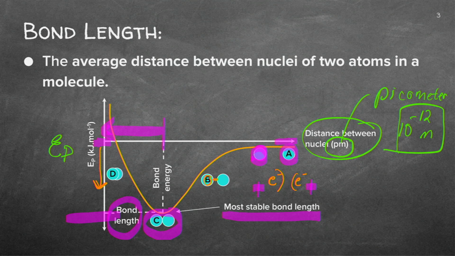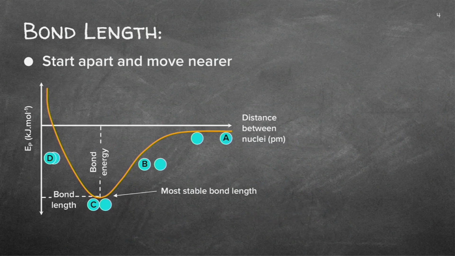Be careful. If they move nearer to each other, can you see there they're overlapping each other? Then it's unstable again and it's too near to each other, which means these repelling forces will be in action again. So important, why do we do this graph and how do we do it?